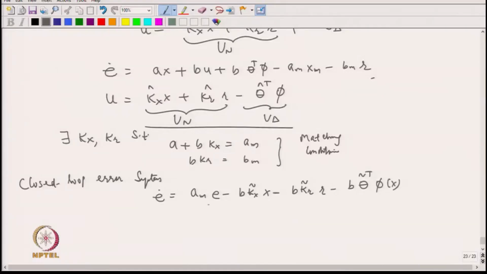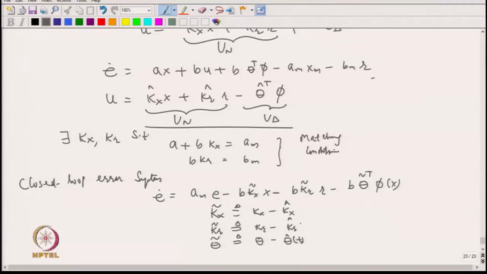So here, like before, k x tilde is the parameter estimation error for k x, and it is defined as k x minus k x hat. K r tilde is defined as k r minus k r hat, and theta tilde is the parameter estimation error for the parameter theta. So, it is given by theta minus theta hat.